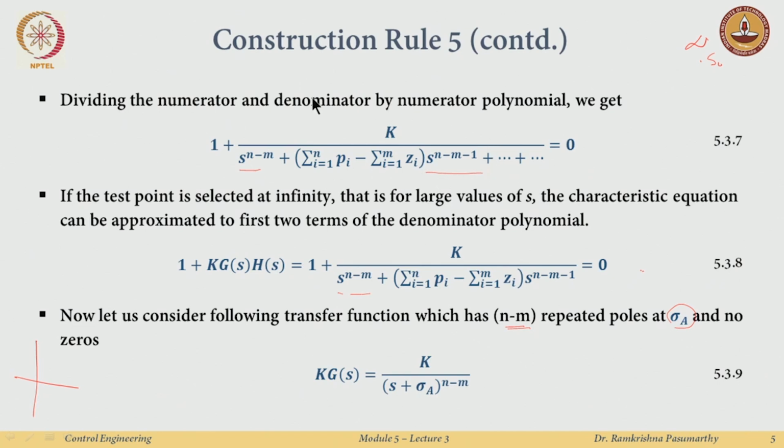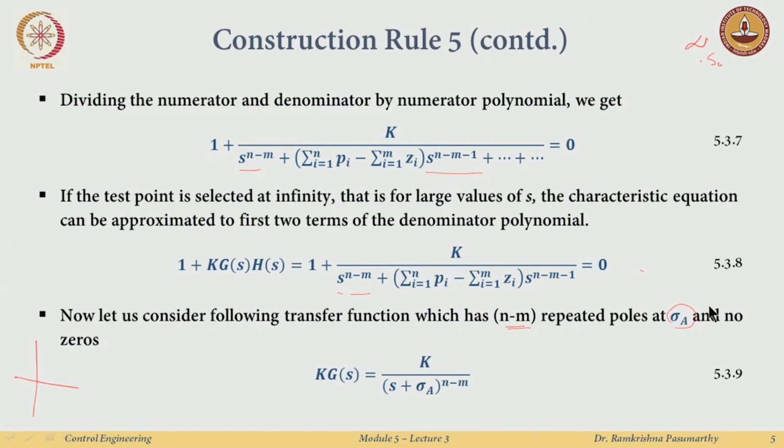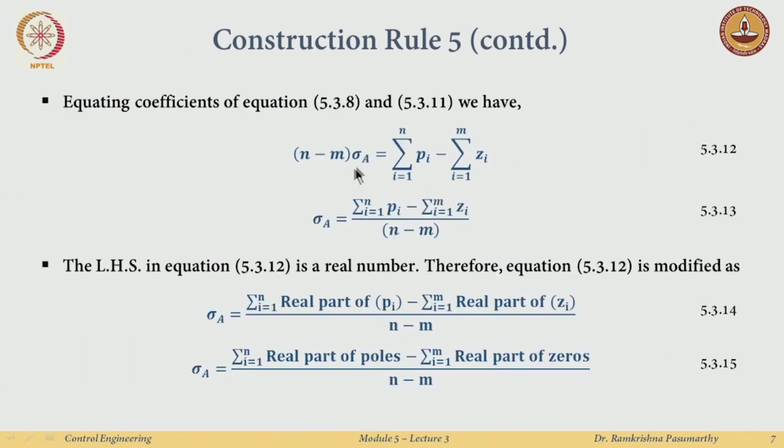So, this was gone. Okay. So, this is in a way the denominator of 5.3.11 and these are the same. Okay. If I just equate this, what I would get is something like this, n minus m times sigma a is this guy. Okay.